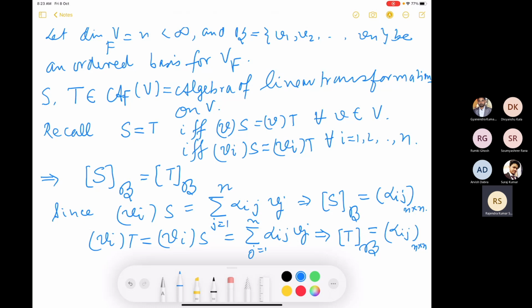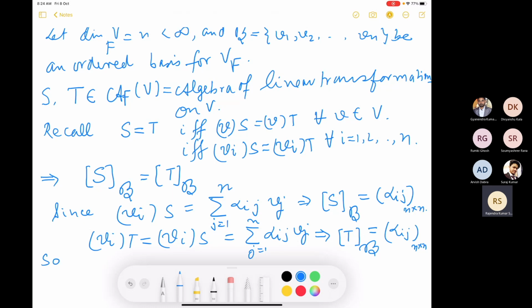Conversely, if you take the matrix of S as alpha ij and the matrix of T as beta ij, and these two are equal, it means each alpha ij is equal to beta ij, and correspondingly you get this result. So this is the first thing that we obtain: two matrices are equal if and only if each entry is equal.